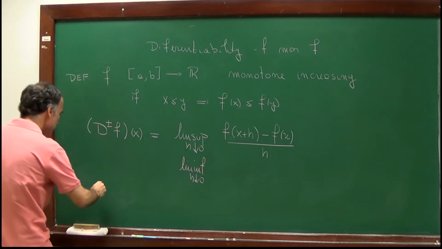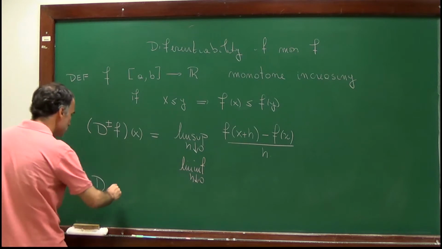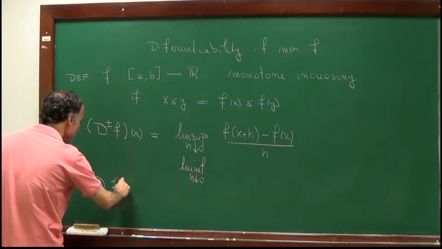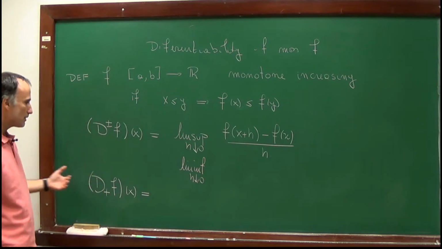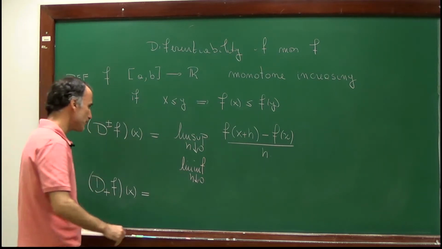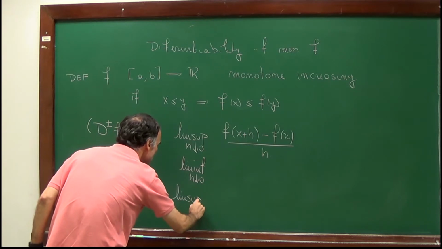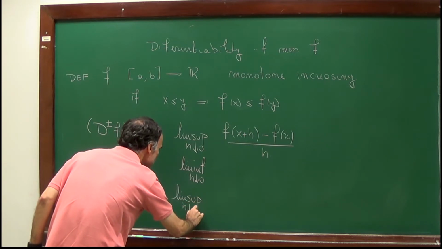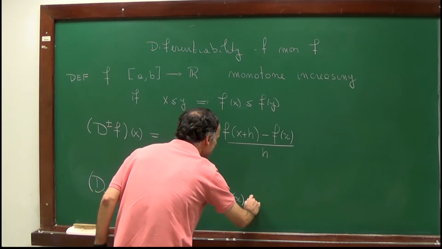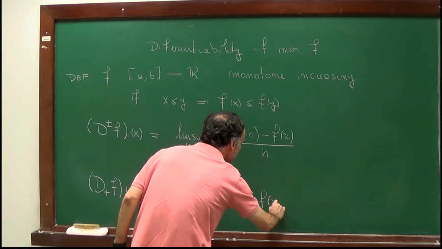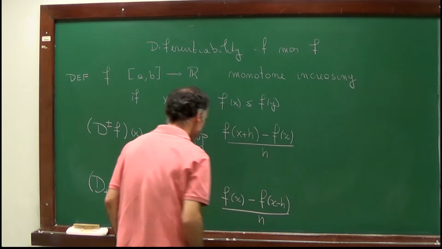And in the same way, I will define D^- of f of x as, well, the same object but taking the limit from the left. So this means that I'm taking the limsup as h decreases to 0 of f(x) minus f(x minus h) divided by h.